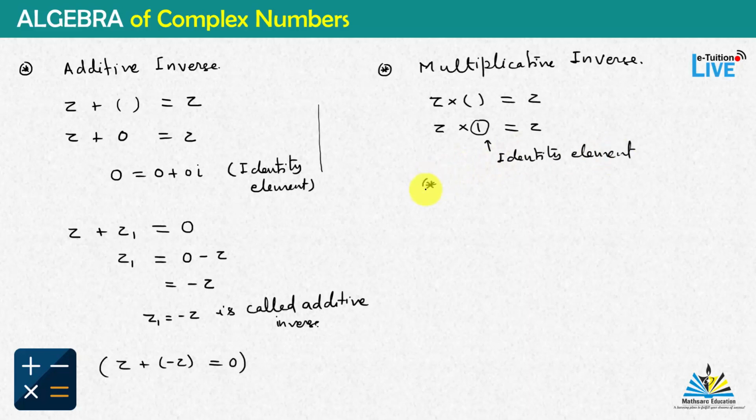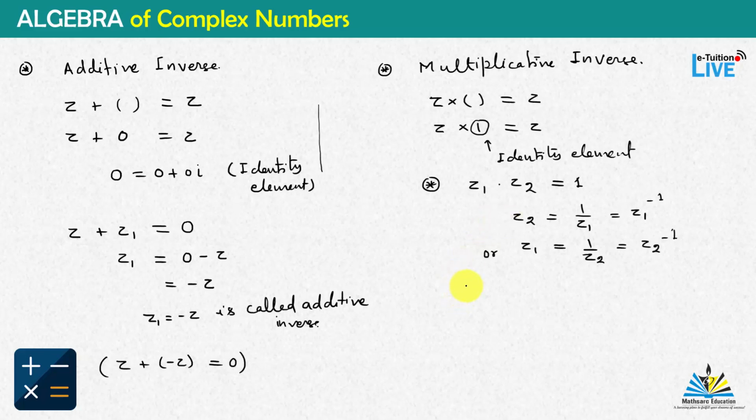Now if we have two complex numbers z1 into z2 such that their product is 1, then z2 can be written as 1 upon z1, or z1 can be written as 1 upon z2, and this can also be written as z1 to the power minus 1. So here you can observe that z1 and z2 are multiplicative inverses of each other.